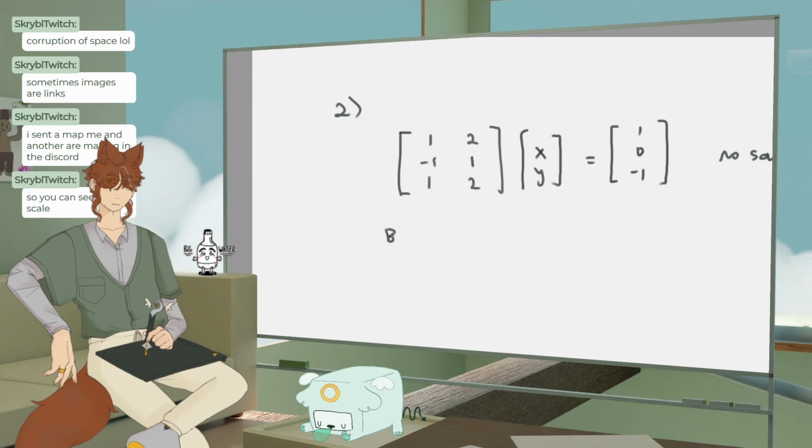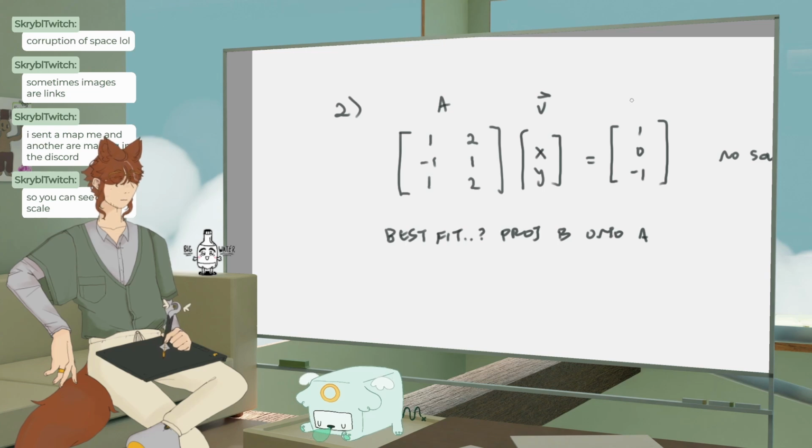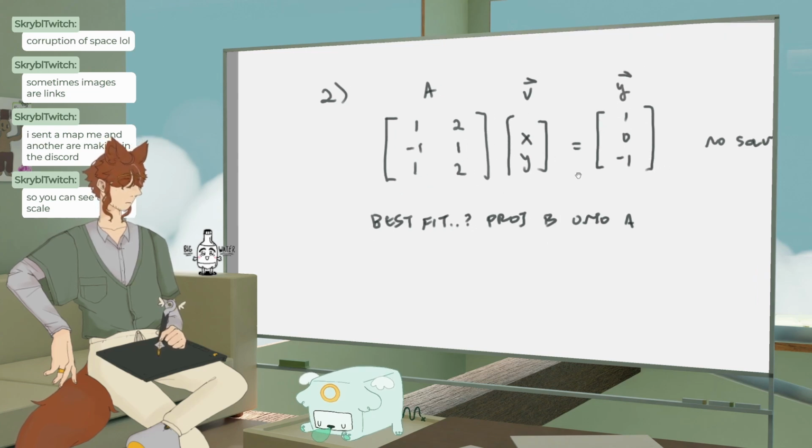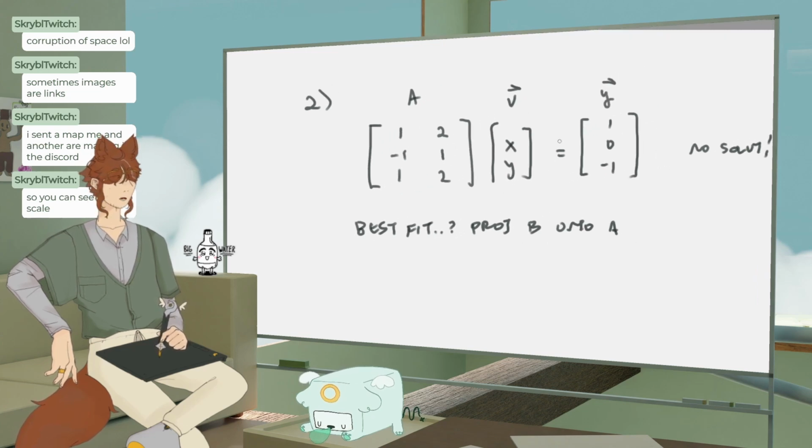So, best fit, project B onto A. This is our A, this is our V, this is our Y. So we can't get a solution, but we can get the closest solution that does exist.